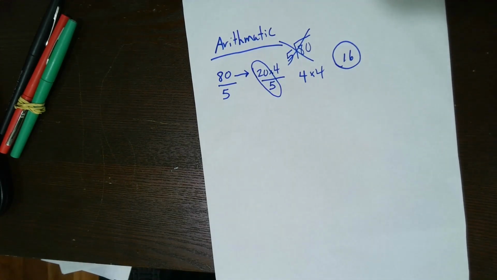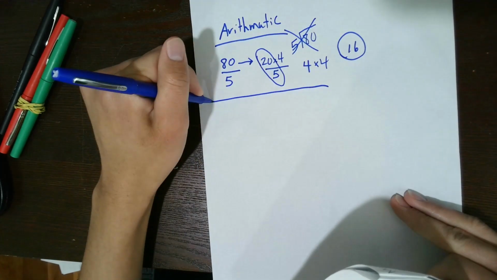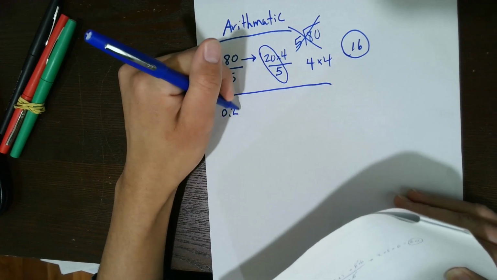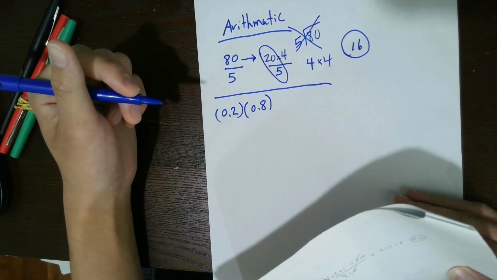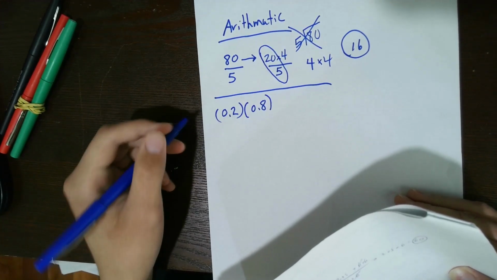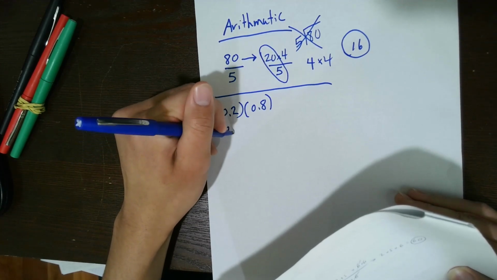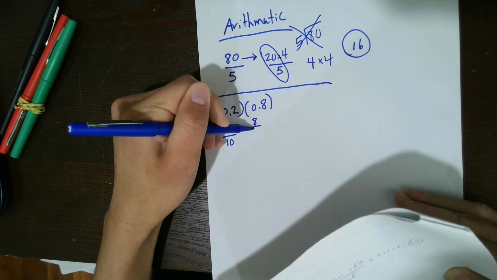Now, let's talk about multiplying decimals. Let's say we have another problem where we have 0.2 times 0.8. The way I like to do this is to convert both to fractions. So 0.2 turns into 2 over 10, and then 0.8 turns into 8 over 10.